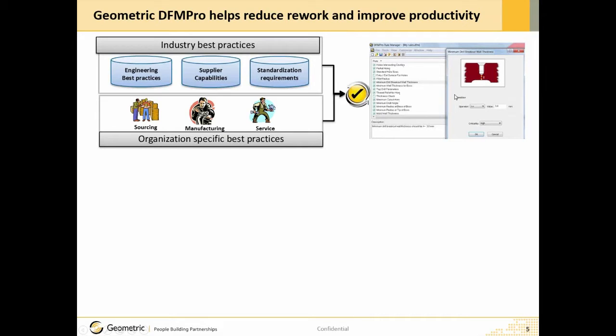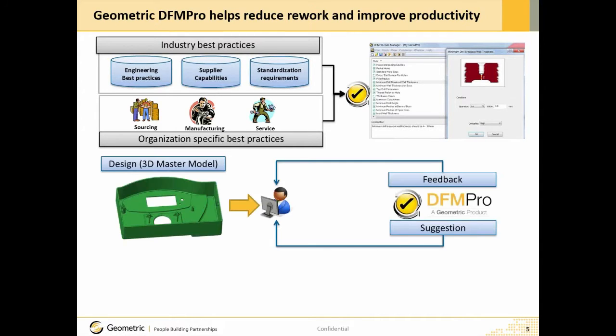And when the designer is designing a product, DFM Pro does two things: it provides feedback to a design engineer in terms of what is not meeting those design criteria, those best practices or guidelines. And it also provides suggestions to a design engineer on how that issue or problem can be resolved or handled.